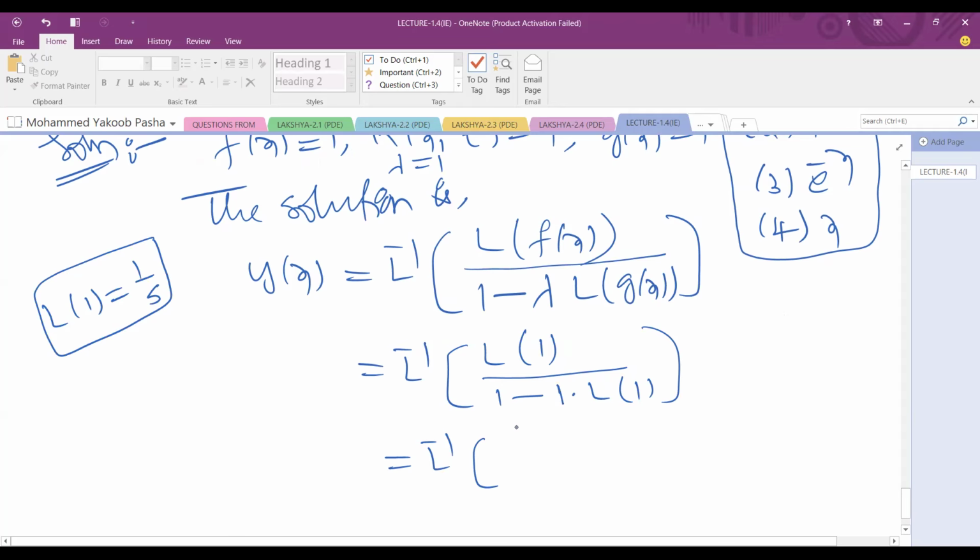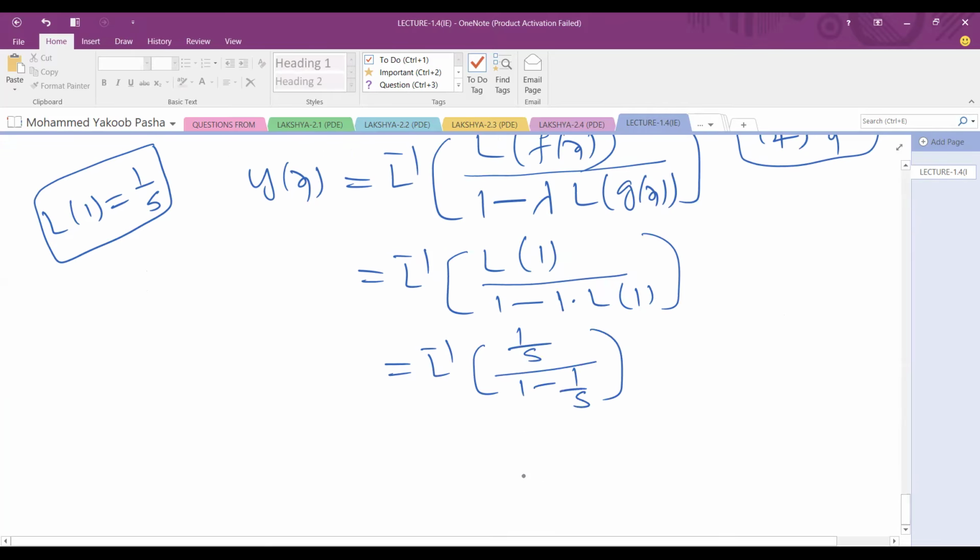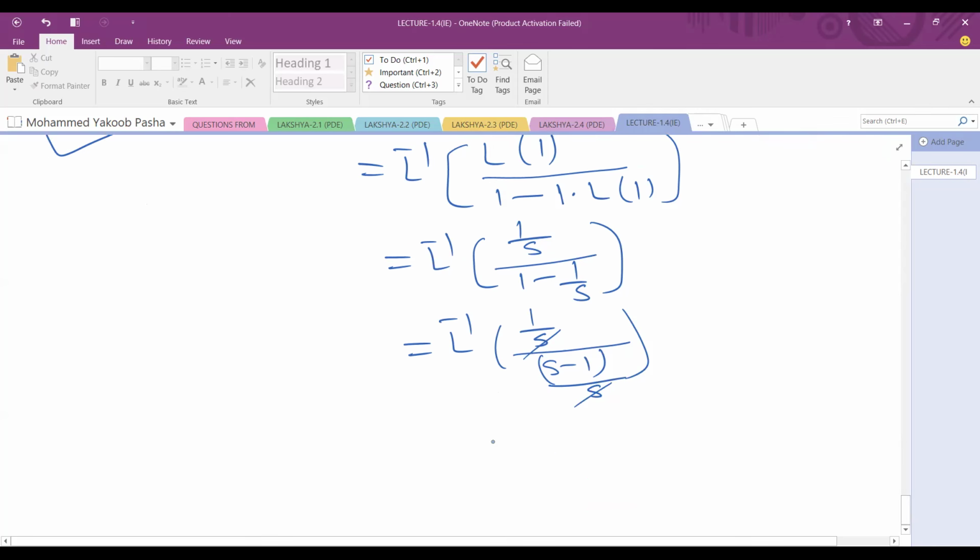This is the numerator 1 by s, here 1 minus 1 by s. So this is equal to inverse Laplacian of 1 by s divided by s minus 1 by s. Here s will be cancelled. This is equal to inverse Laplacian of 1 by s minus 1.